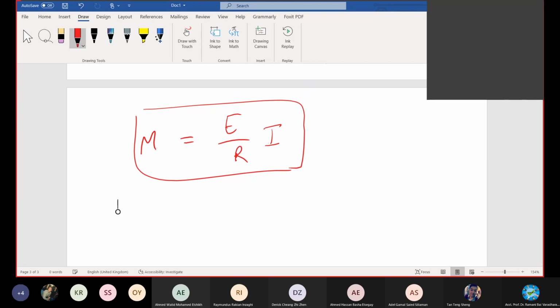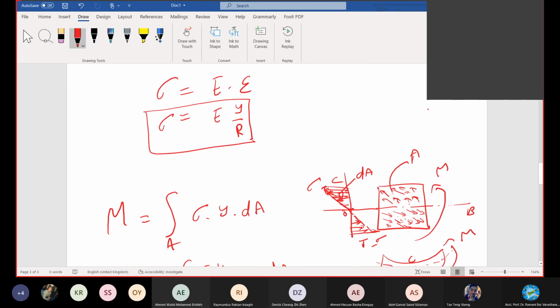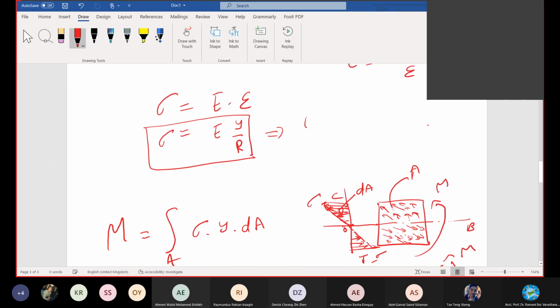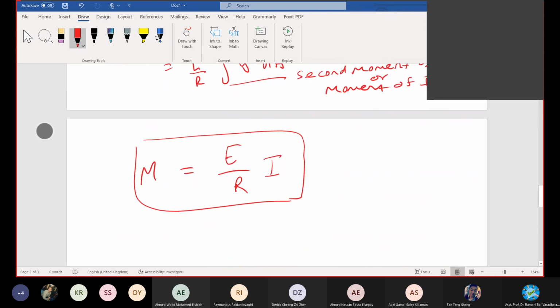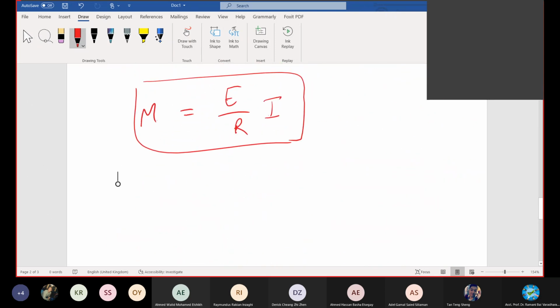What is E over R here? Can we write it down? Just for convenience, what is E over R? Sigma over y. Am I correct? So I just substitute this value, E over R equal to sigma over y.